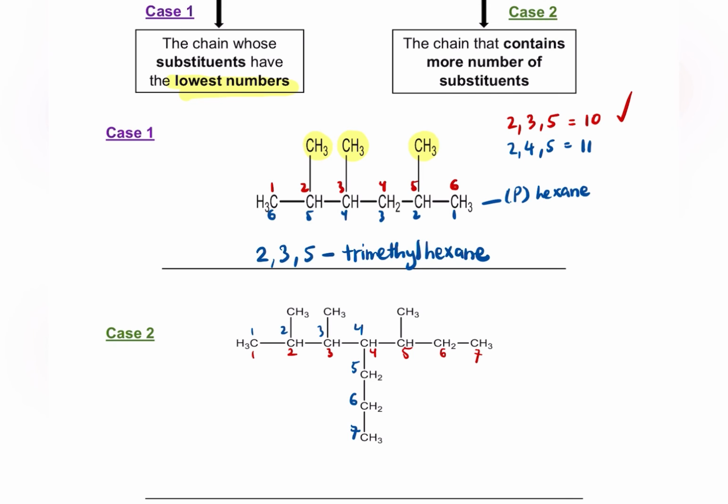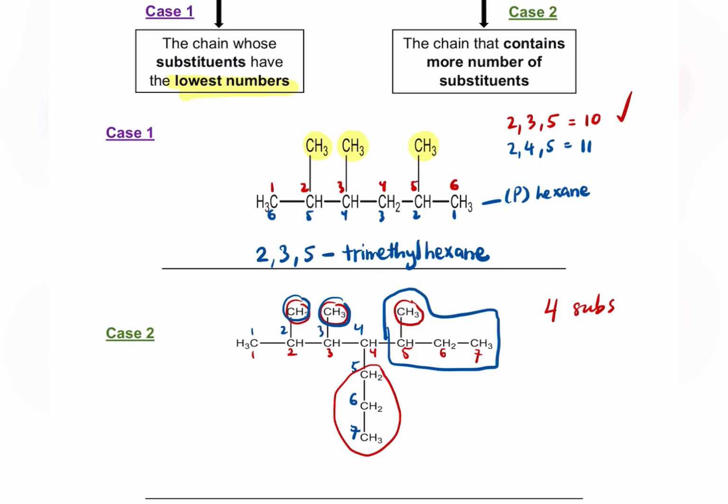Case 2, you have to determine the parent chain that contains more substituents. So let's go to the red substituents. Red substituents, you got 1, 2, 3, and 4. So this is for the red numbering. You got 4 substituents. However, if you go with the blue one, you got 1, 2, and then 3.